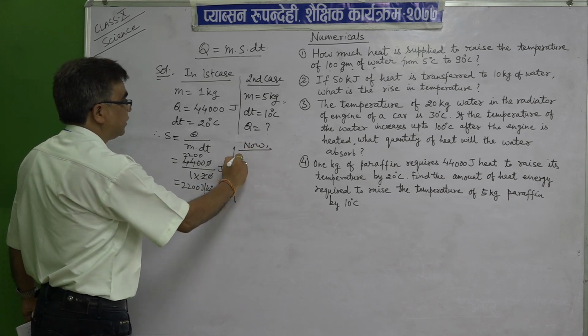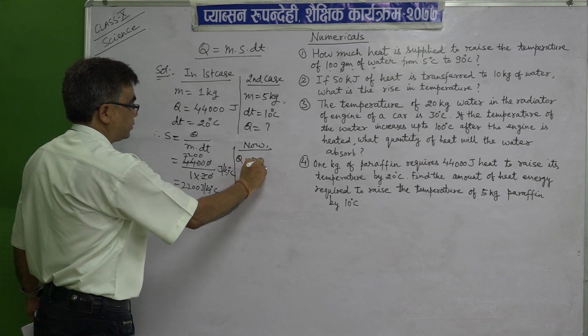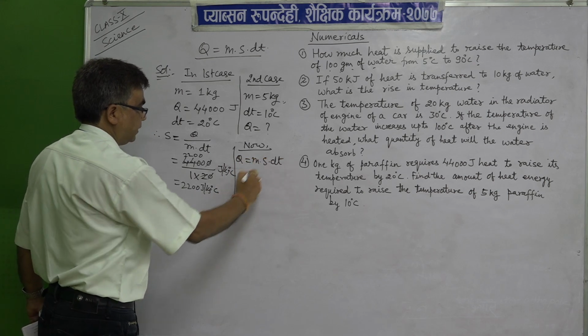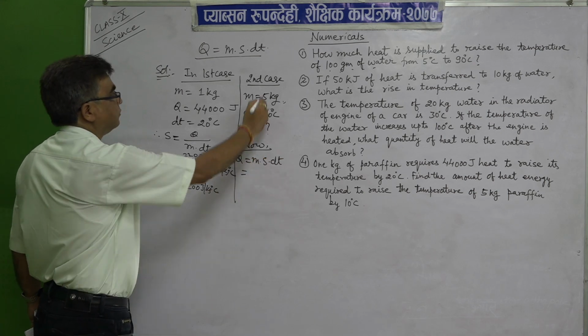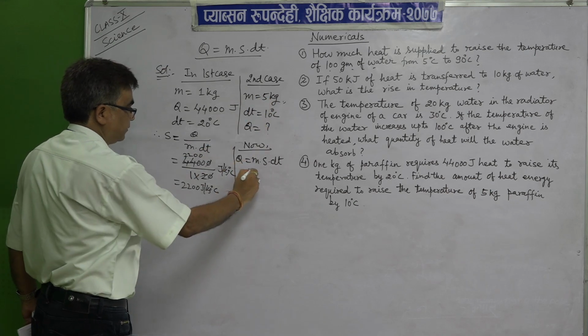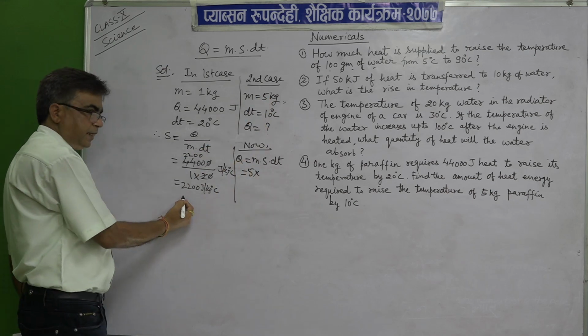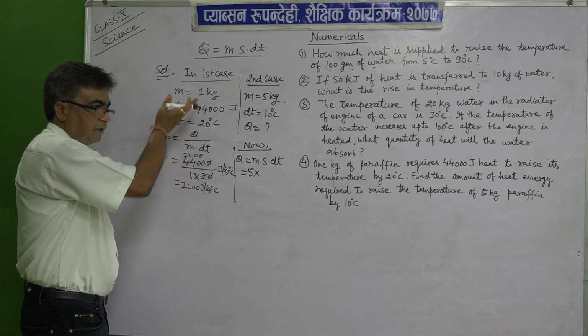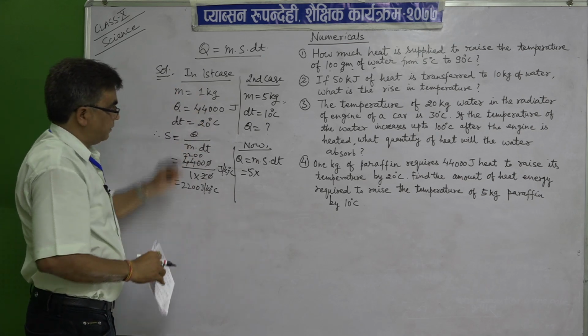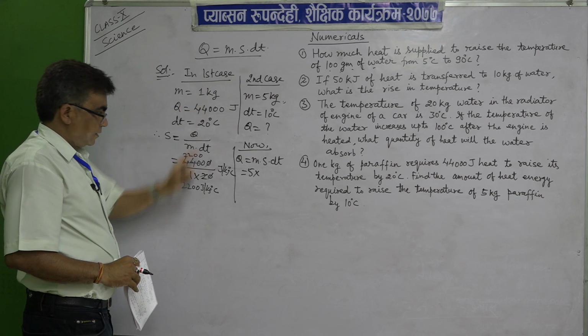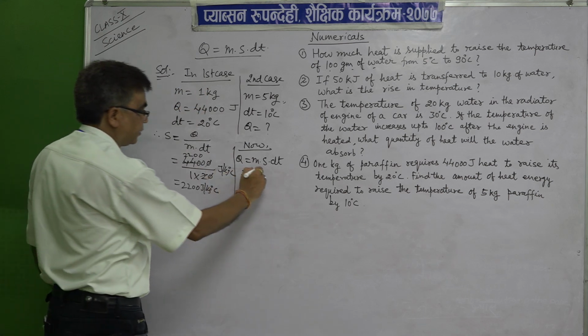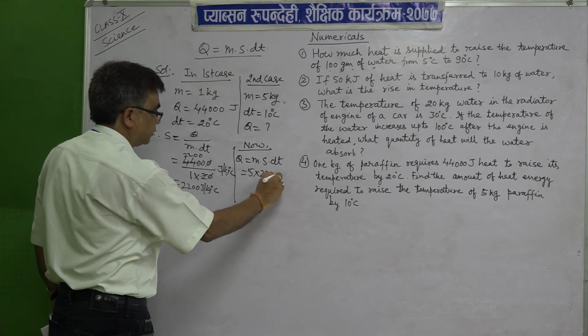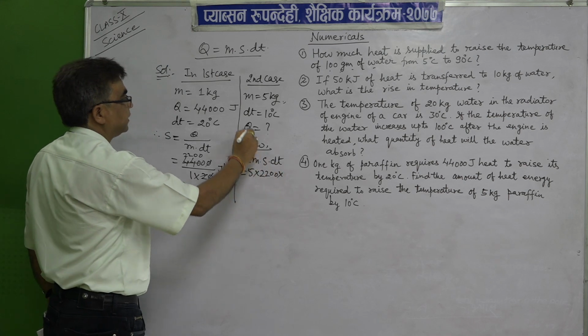So, from here, what will be your q? If you look, q equals m into S into dt. What is m? 5 kg, 5. What is S? We have already got it on the basis of the first case, 2200, and what is dt? 10.